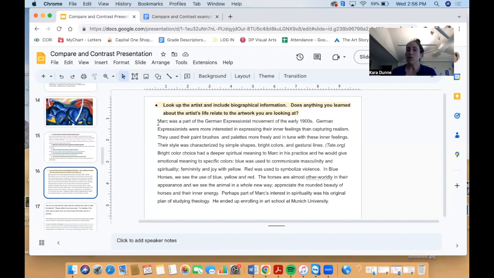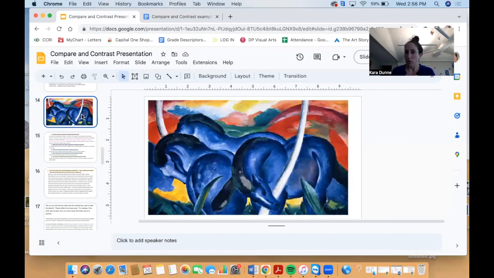So after you read about the artist's life, and maybe you read about what other artists or scholars say about this artist or the artwork itself, is there any information from what you read that will help explain why that artist made that artwork? So for Franz Marc, his painting of horses, there's no humans, it's just horses.